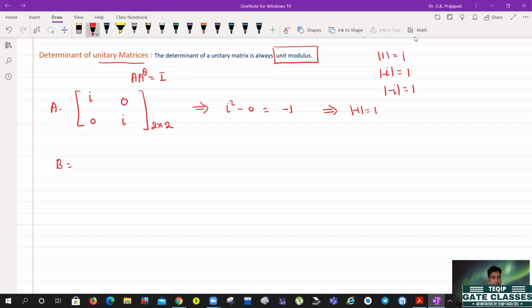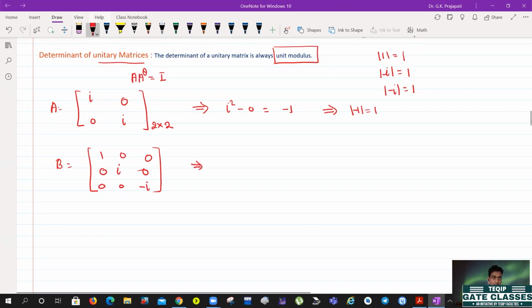We can take another unitary matrix like 1, i, minus i on the diagonal and the other elements 0. This is also an example of a unitary matrix. You can check and verify it. So what will be its determinant?